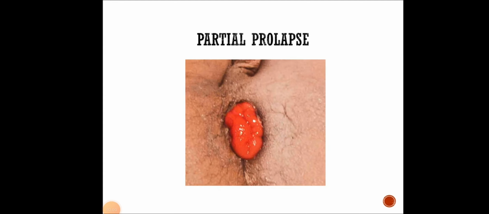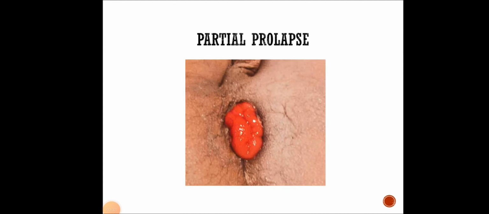So because of this kind of excessive strain, prolapse can occur. Then after certain operations, like operations for fistula in ano, fissure in ano, etc., there is so much stretching of the anal sphincter, that also can cause prolapse. So these are the etiology told for this partial prolapse.